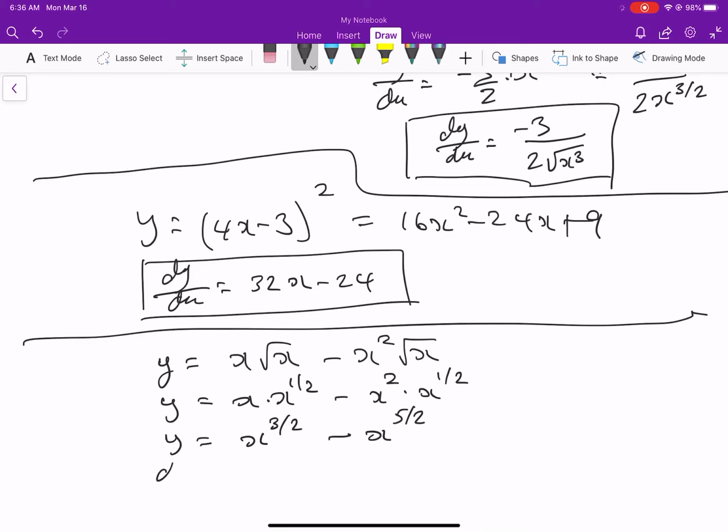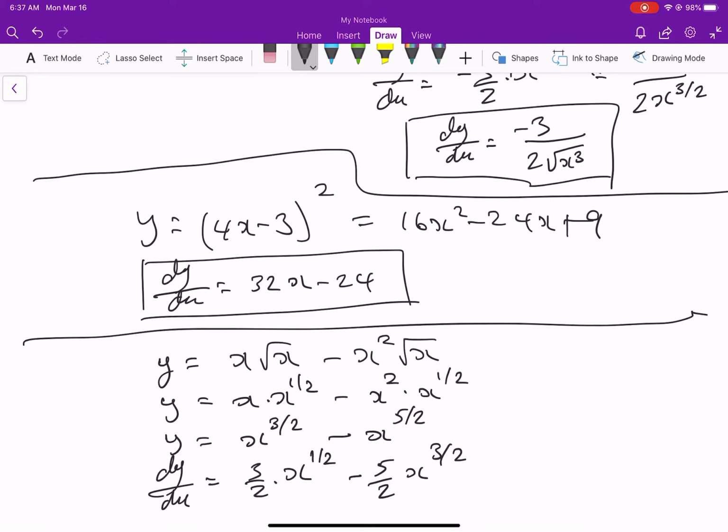You differentiate: dy dx is equal to drop the 3 halves times the coefficient in front, which is 1. 3 halves times 1 is 3 halves. x to the power, subtract 1 from the power, 3 halves minus 1 is a half. Minus 5 halves, drop that power, x to the power 5 halves minus 1, that gives you the power 3 halves.